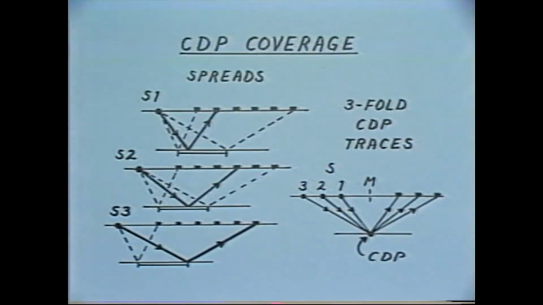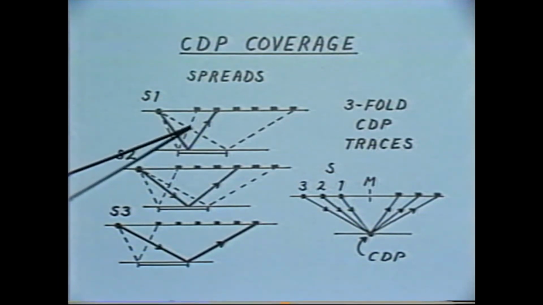Well, we can look at that in a little more detail on this drawing, where we're showing a source and 6 receivers for one firing of the source, and then the source and the 6 receivers again after they've been moved along the seismic line for the next shot, and then once again for a 3rd shot.